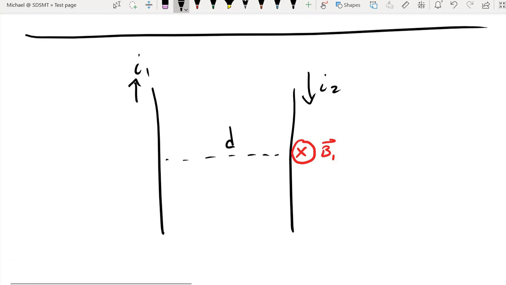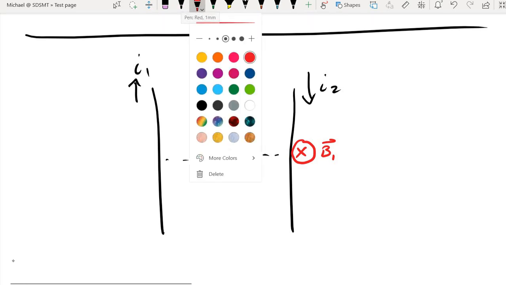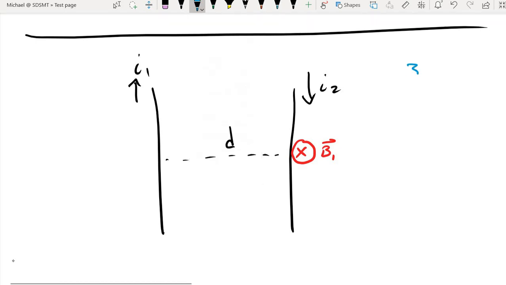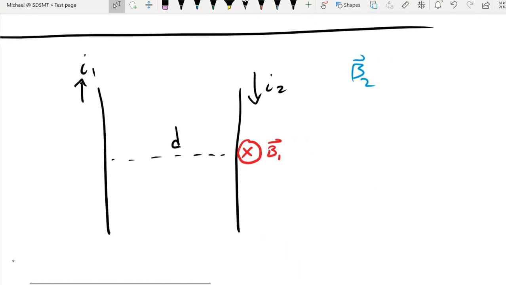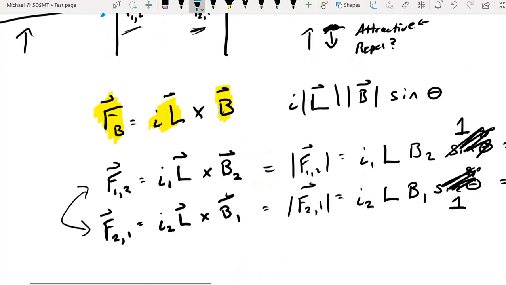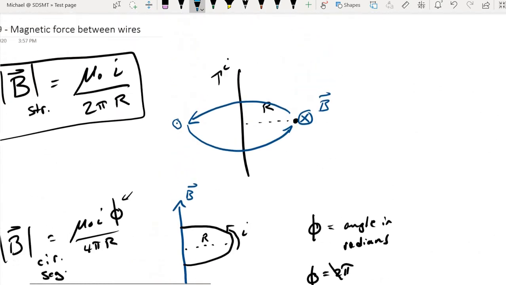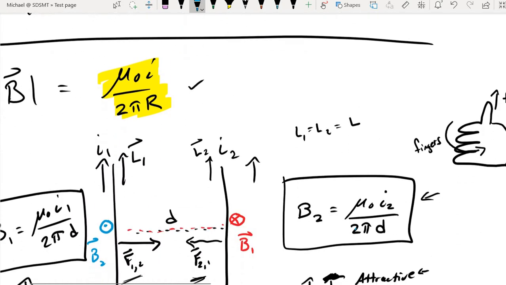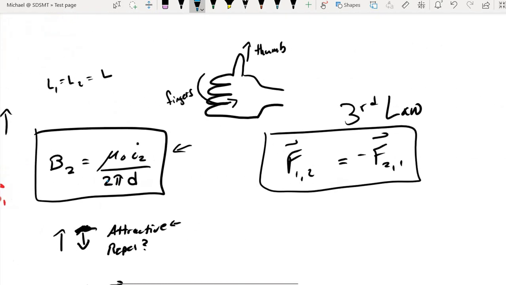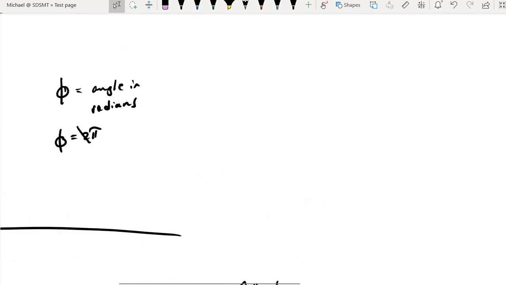So everything about I1 and B1 are the same, but what about B2? What about field 2? Well, we can see that current 2 is traveling down, and we go back up to the top of the page here.